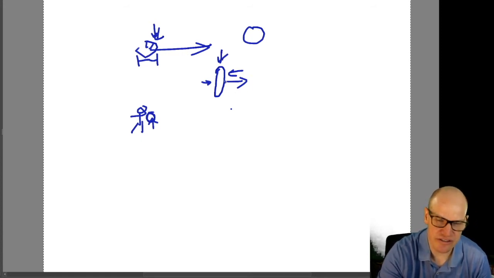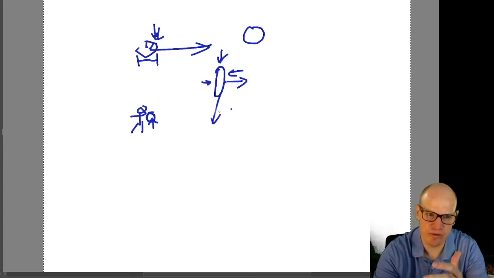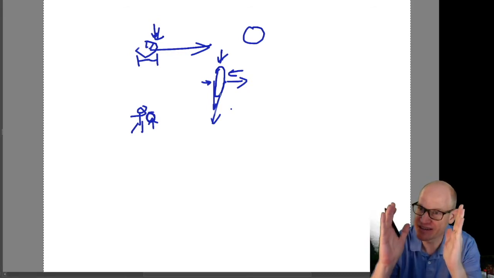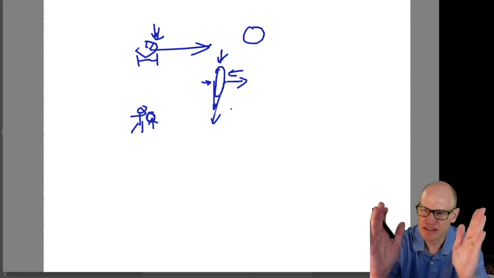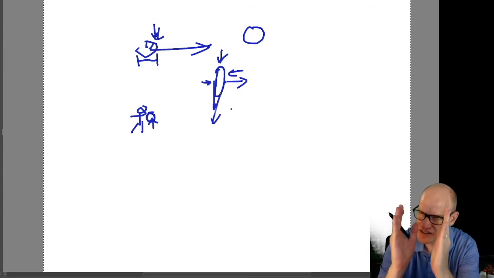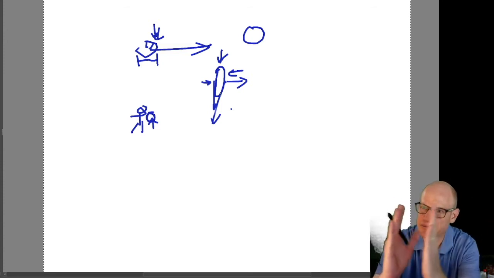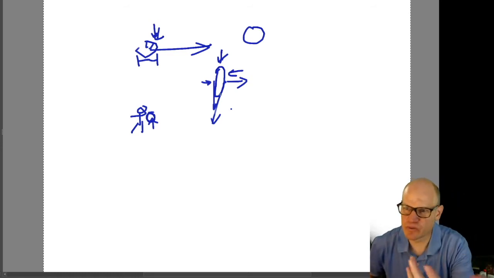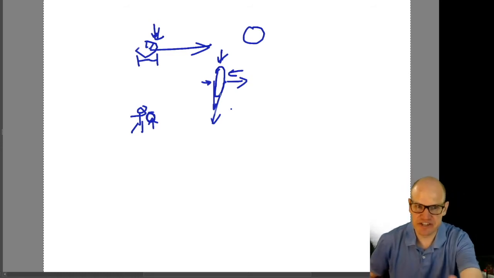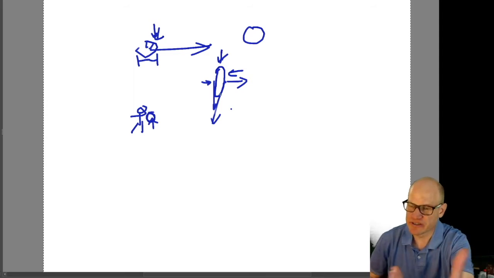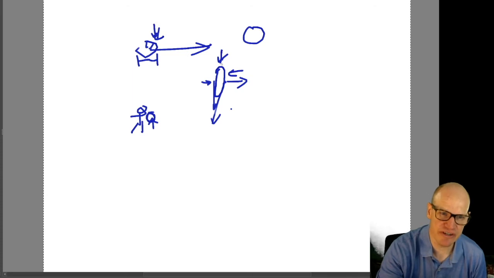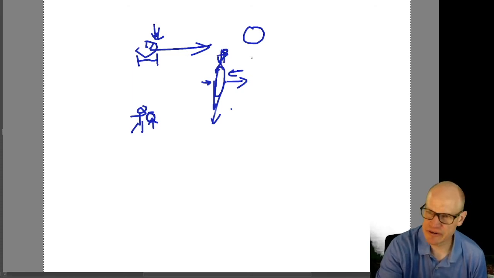So the side that's farthest from me has to be emitted at one point in time, and the side on this side has to be emitted at a different point in time, and everywhere in between at a different point in time in between. So that when it arrives at my eye simultaneously and I can measure the width, it appears to be squished in some direction. And the way that it appears is the way that it is. This is the shape that object would have as it's moving from my reference frame. If you were standing in its reference frame right here, then it would be round again.